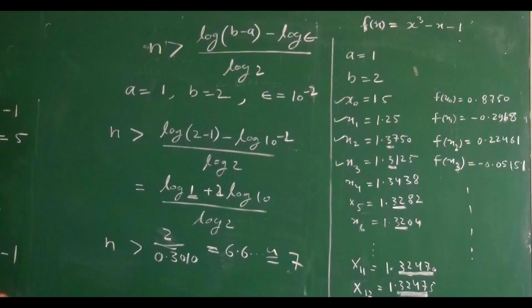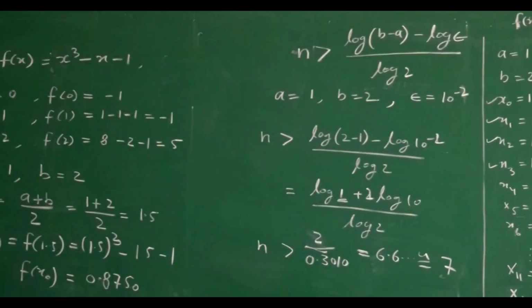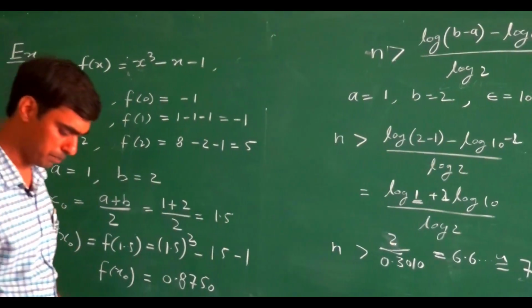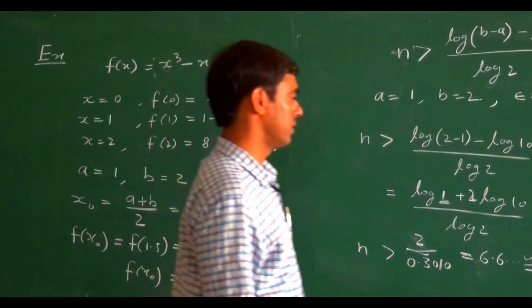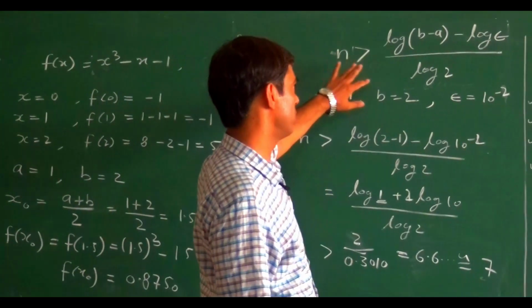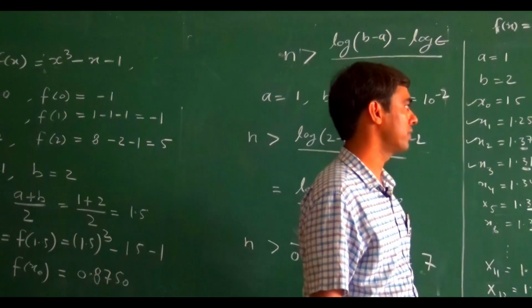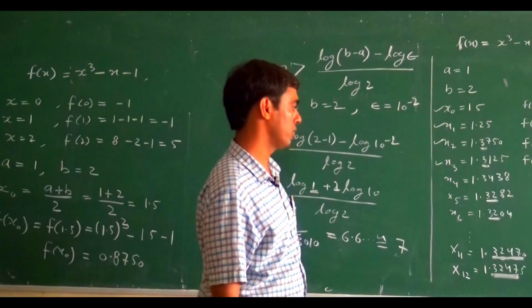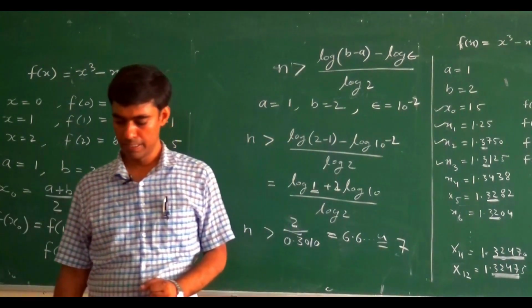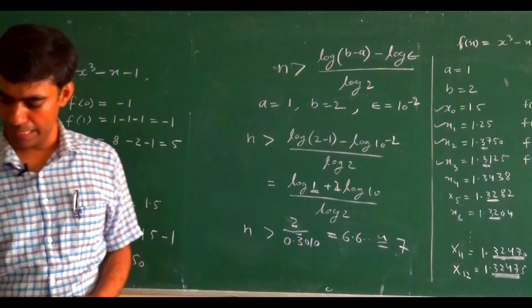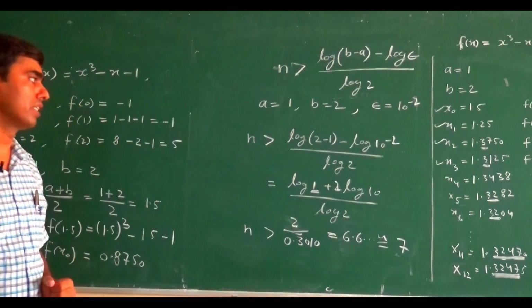So this is an example of how we solve an algebraic equation with the help of the bisection method. We find the values of a and b, we find the value of n, then we perform the number of iterations according to the algorithm and we find the solution of any algebraic or transcendental equation.